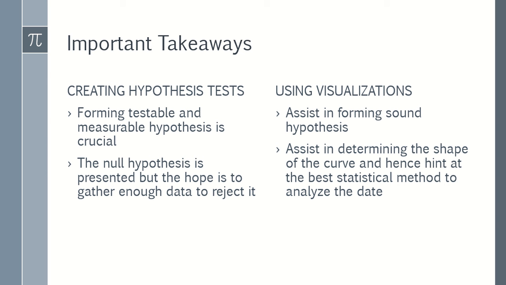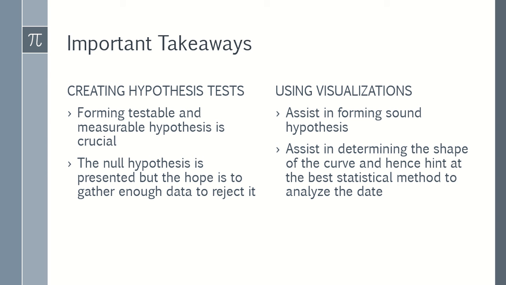When using visualizations and visual aids, it assists the researcher in forming sound hypotheses, because we can see how the data is gathered. We can see, is it a bell curve? We can see it is just scattered points.